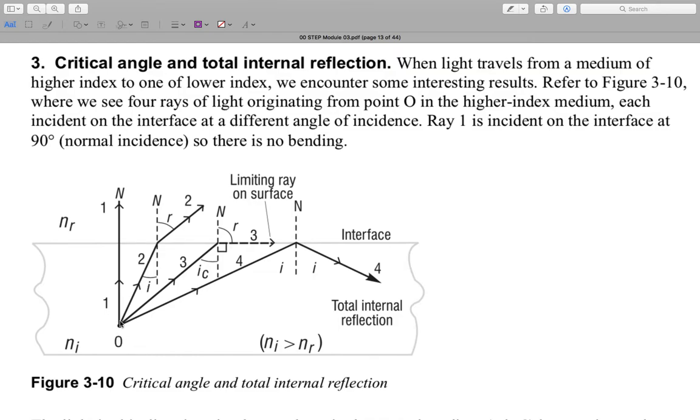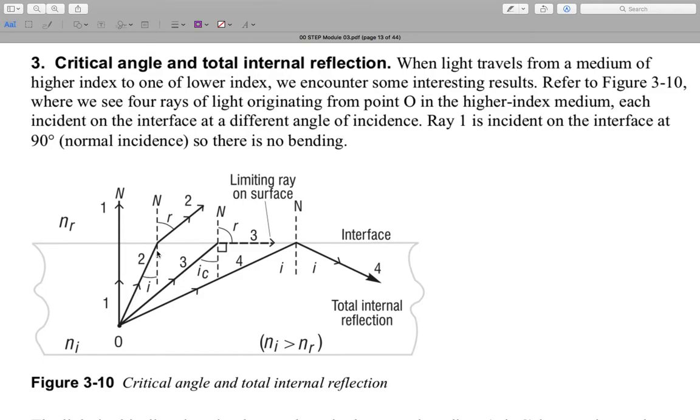Ray 1 is the incident ray coming from n_i, where n_i is bigger than n_r. The light is incident at normal incidence, 0 degrees, so the refracted ray is also at 0 degrees.